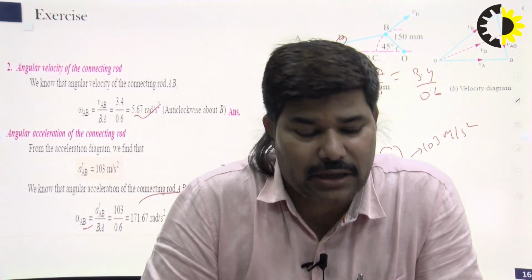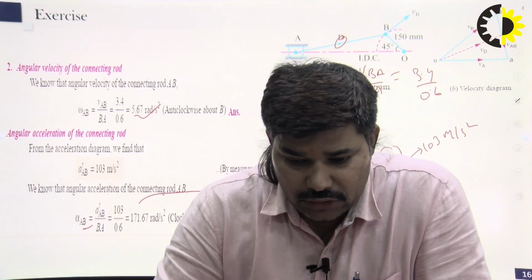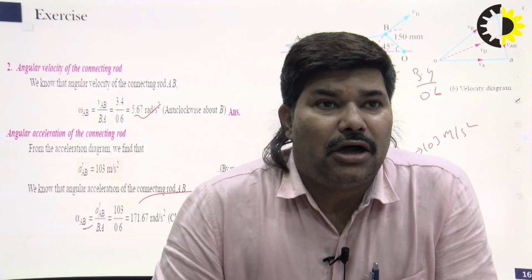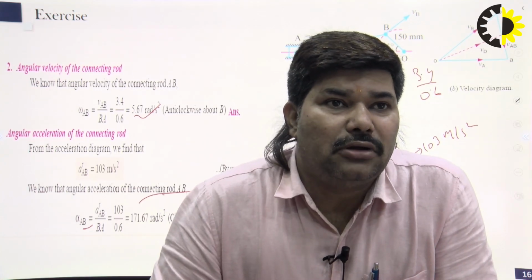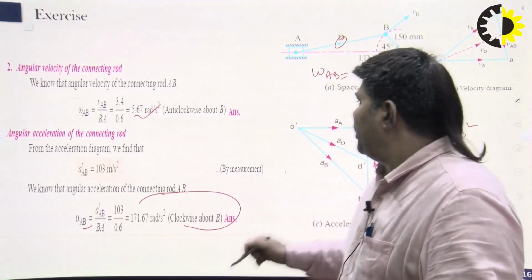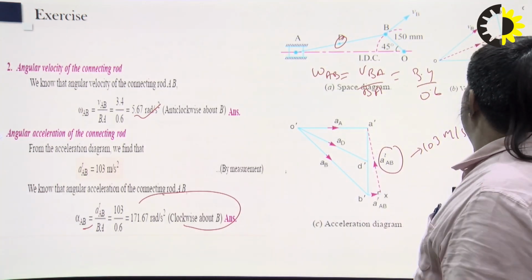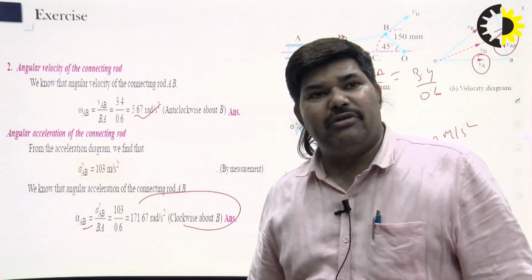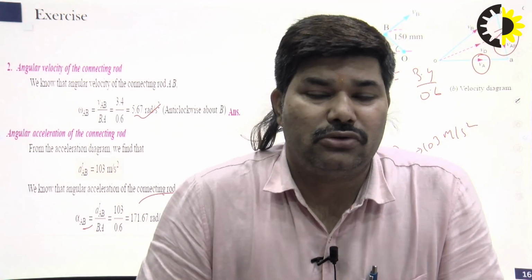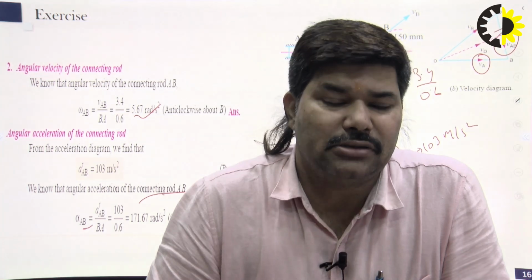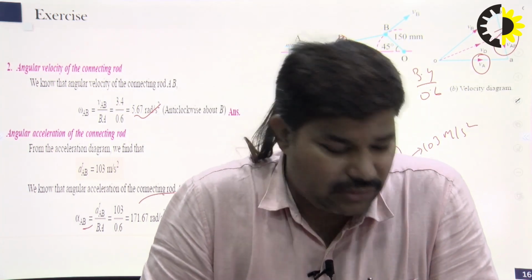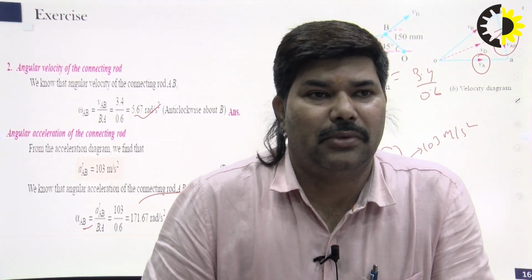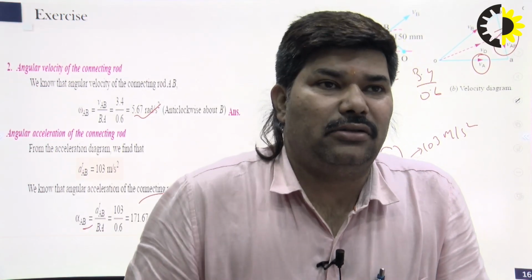So we can find the radial components of all these unknown points. Here the radial acceleration is known because the velocity is known. That's why one particular point is known and another is unknown, so we match the common point and then draw.